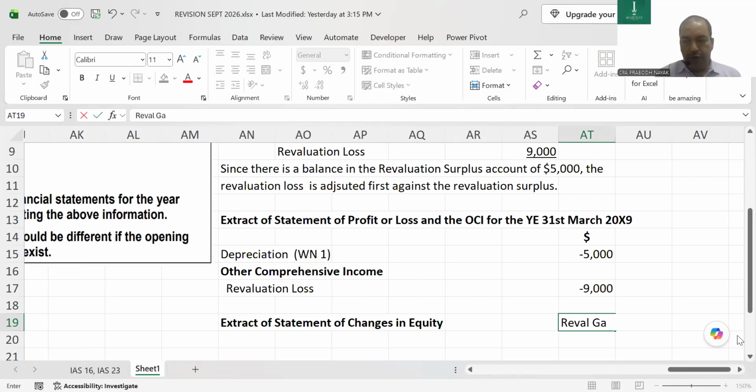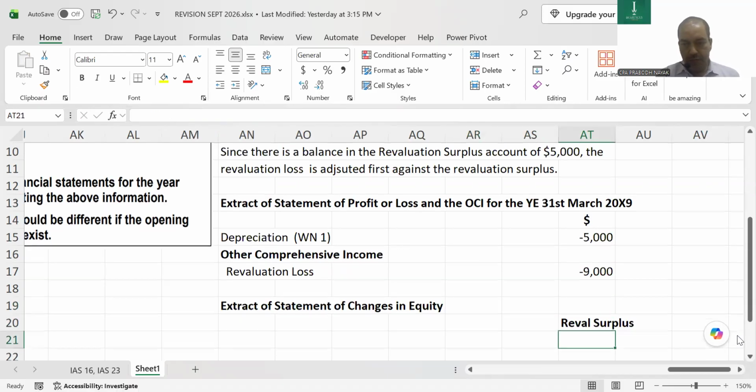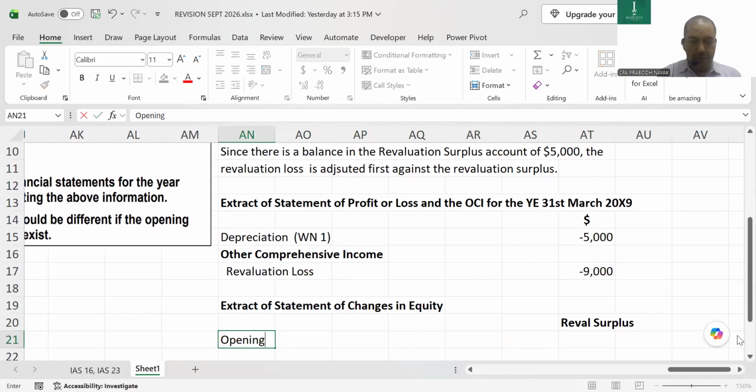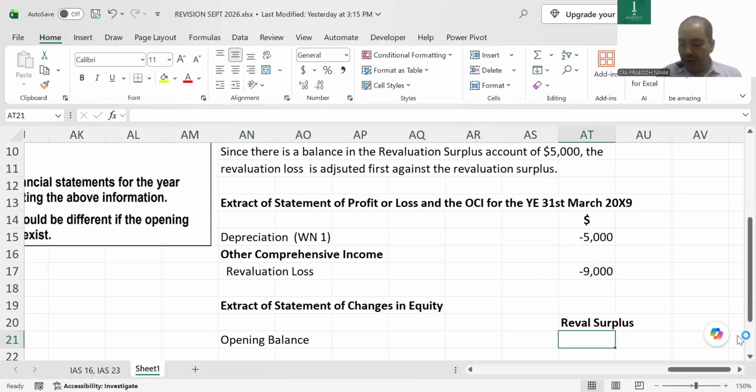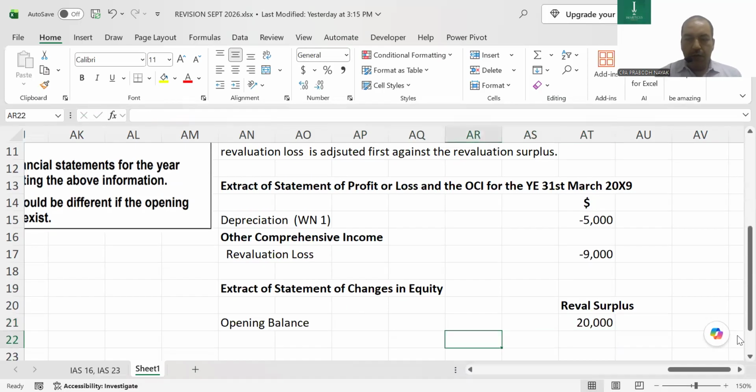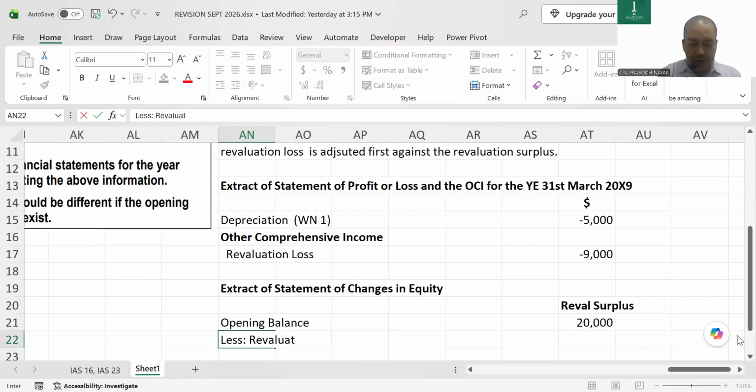Revaluation gain or revaluation surplus you can get. Opening balance, how much did we have? 20,000. Less revaluation loss adjusted of current year, 9,000.